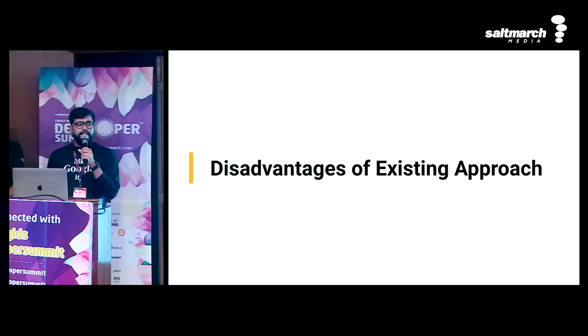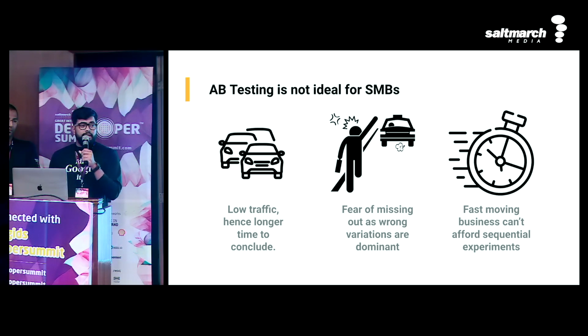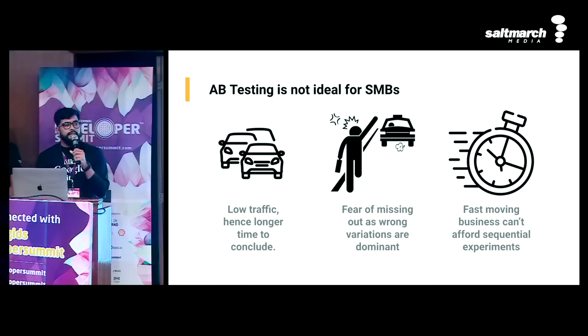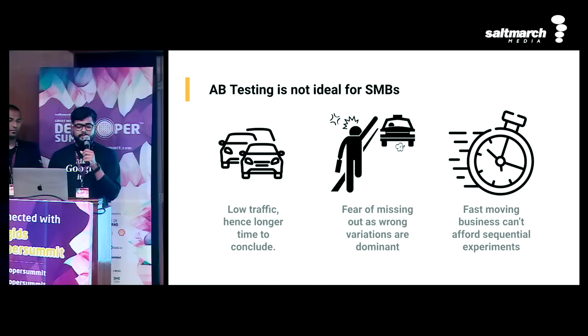But there are some disadvantages of this existing approach, and that is why we can't use it for small SMBs. First of all, SMBs have low traffic. They enjoy only 5 to 10,000 footfall every month, and it becomes problematic to explore all the variations and get a statistically significant winner.